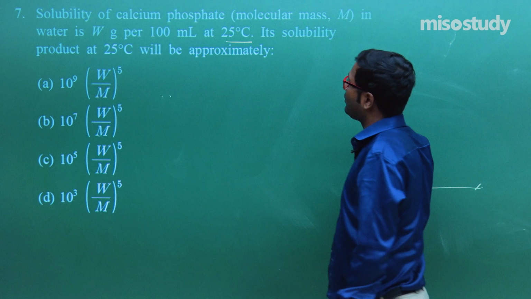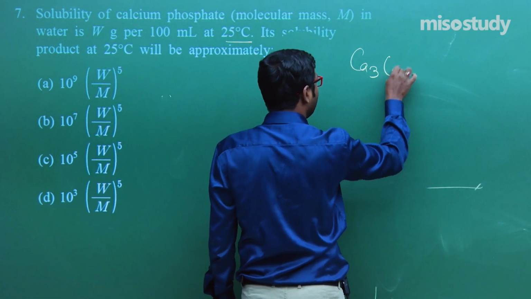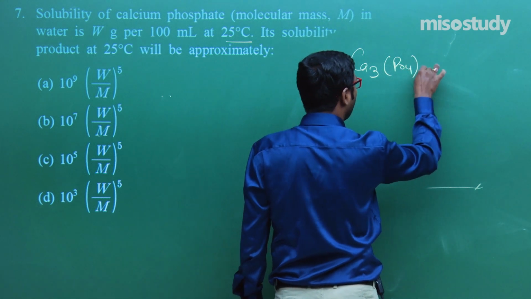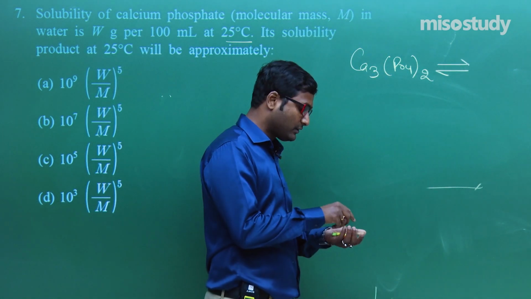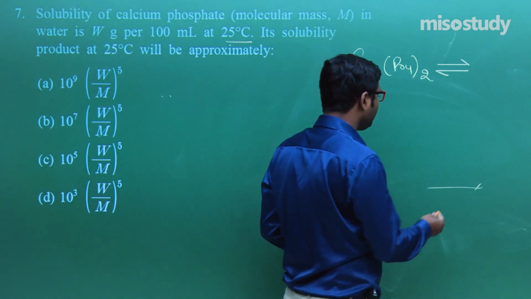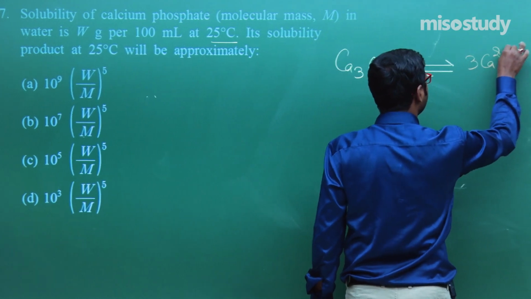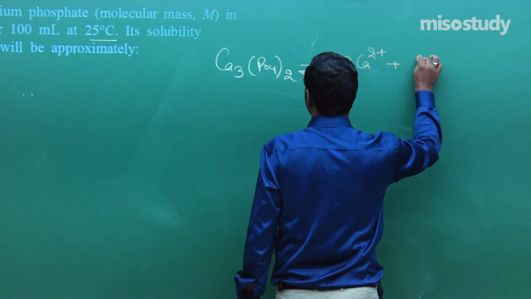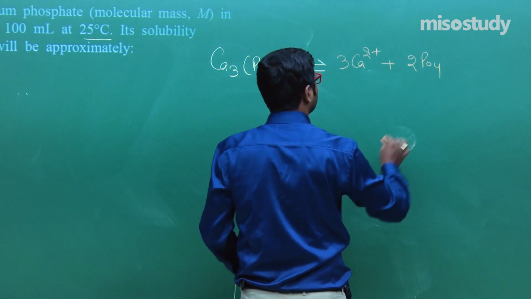Its solubility product. Okay, what is the formula of calcium phosphate? Ca3(PO4)2. Clear? This is the formula of calcium phosphate. How will it break? It will break like this: 3Ca2+ plus 2PO4 3-.